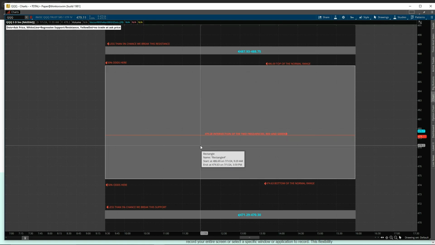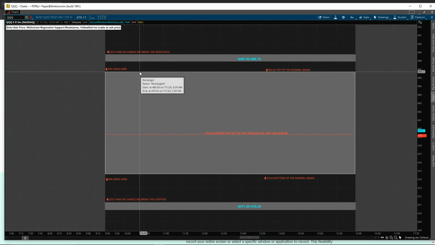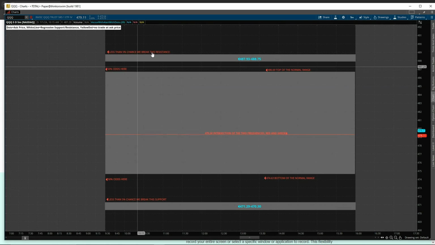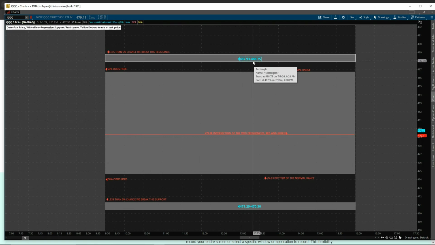We also have the intersection of the two frequencies, the red and green right here, at 479.28, and then we marked out the outliner range. Here I used the 5% chance outliner range because I saw that it's very near to the normal price range. It tells you that you might not see a move above that. There was no point in marking the 20% out because it could have been near here. So I went for the total outliner, the 5% range right here, 487.93 to 488.75.